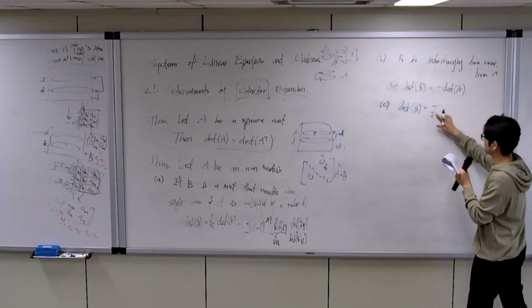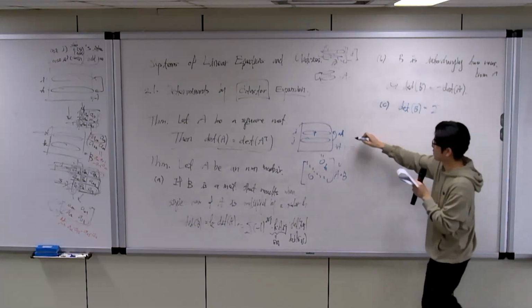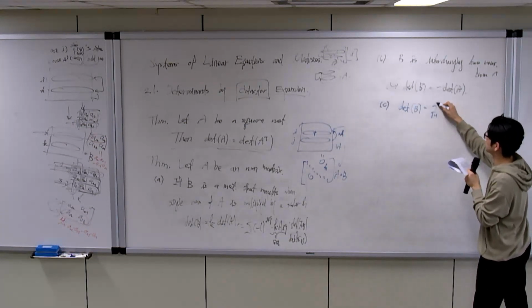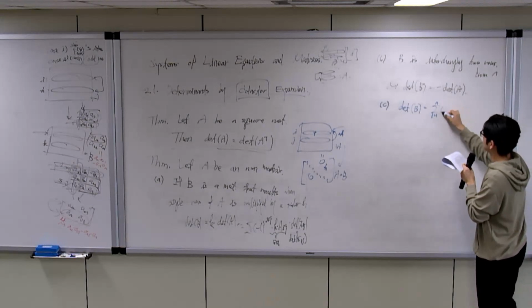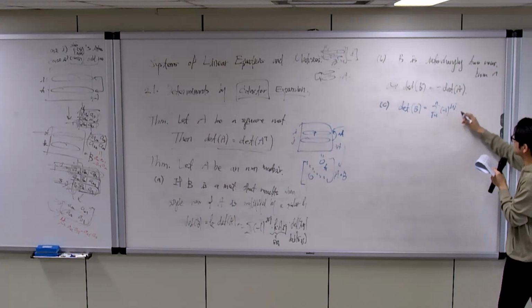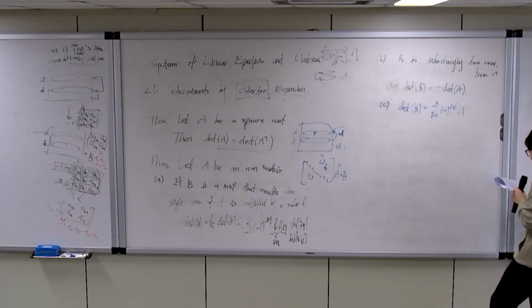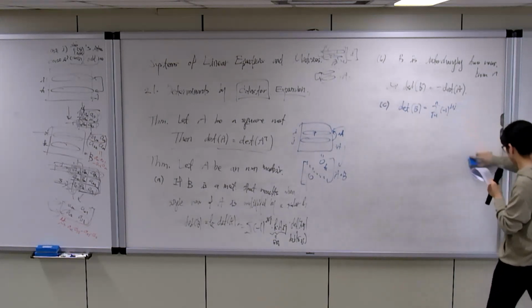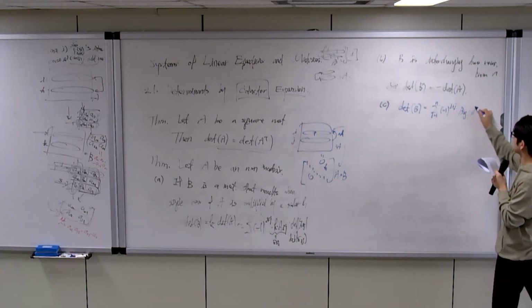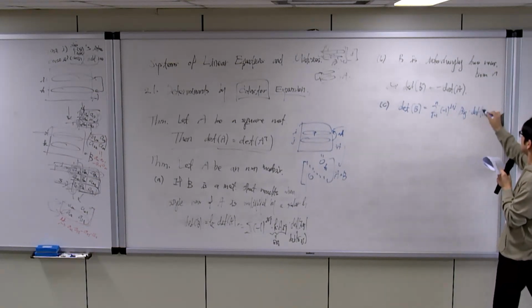The determinant of B, when we choose the ith row, is the sum over J equal 1 to N of (-1)^(I plus J), the alternating sum, times Bij and the determinant of B bar Ij.